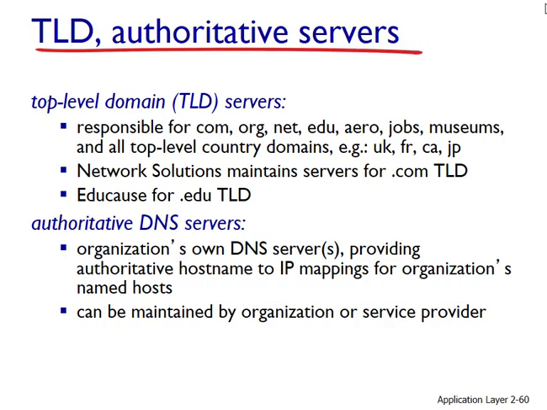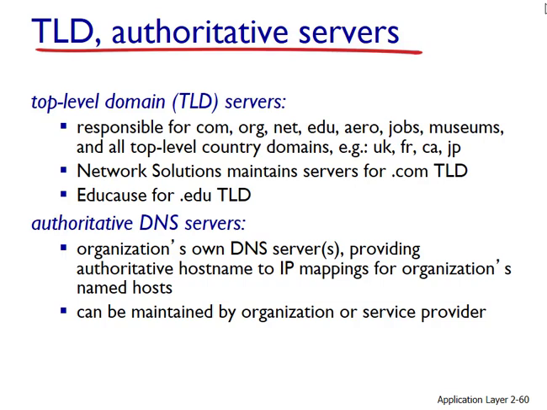Every organization with publicly accessible hosts, such as web servers and mail servers, on the Internet must provide publicly accessible DNS records that map the names of those hosts to IP addresses. An organization's authoritative DNS server houses these DNS records.